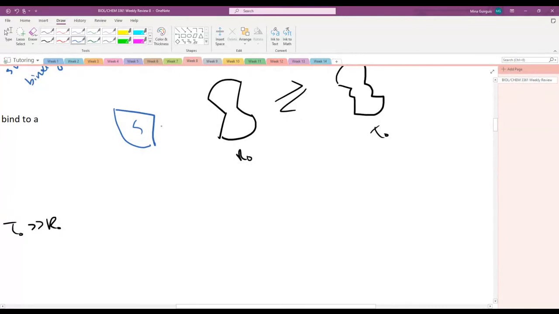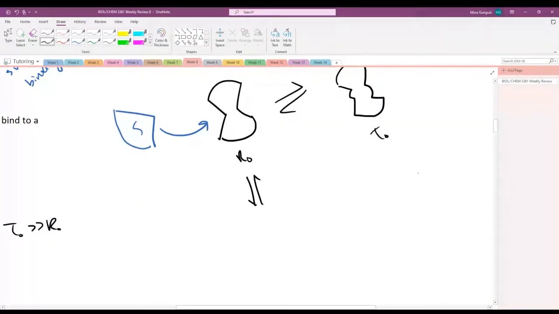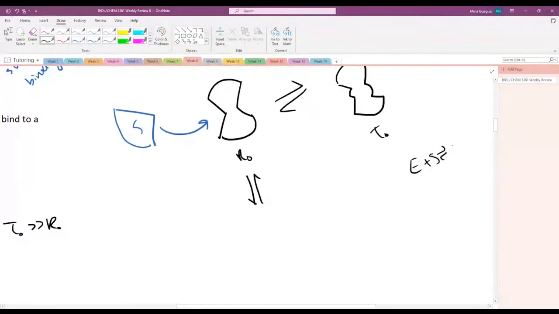Well, let's think about this. As soon as this substrate binds to R0, we get a new equilibrium. If we think of it in the same way that we thought about E plus S goes to ES, when I added an inhibitor, I drew equilibrium arrows with my inhibitor to get my EI complex.